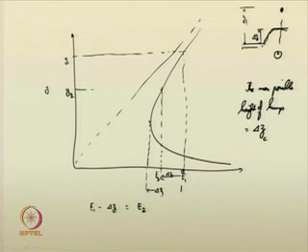This is your maximum elevation of hump possible, del z c. So, del z c is nothing but E 1 minus E c.